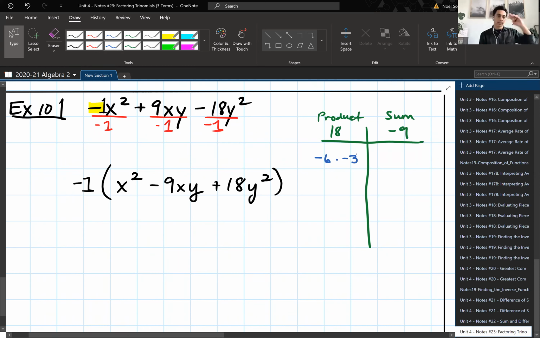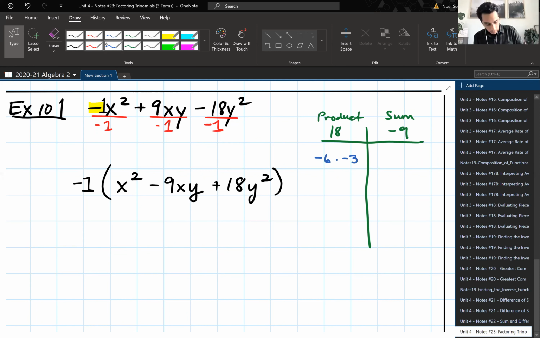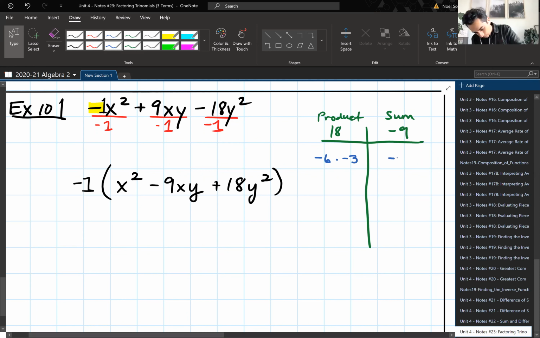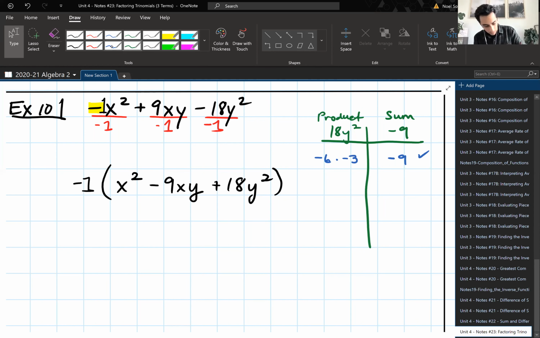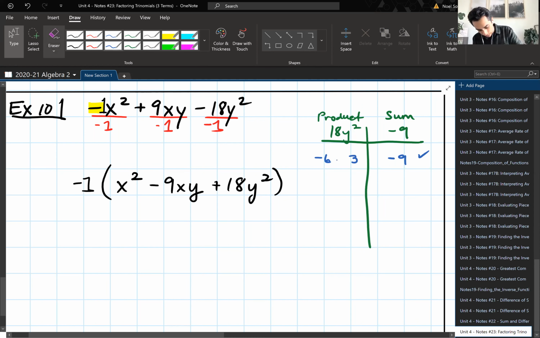So you have to start thinking in positive and negative all the time. These would add up to be -9, right? So those seem like the correct factors. So if the product is supposed to be 18y squared, the only change I need to make is, once I have those factors figured out correctly, it's -6y times -3y, right? That's it. That's the only change I need to make.